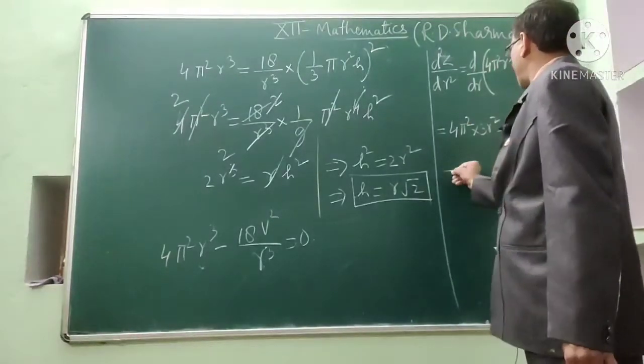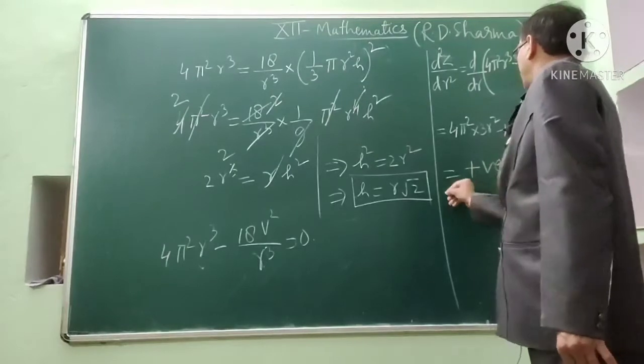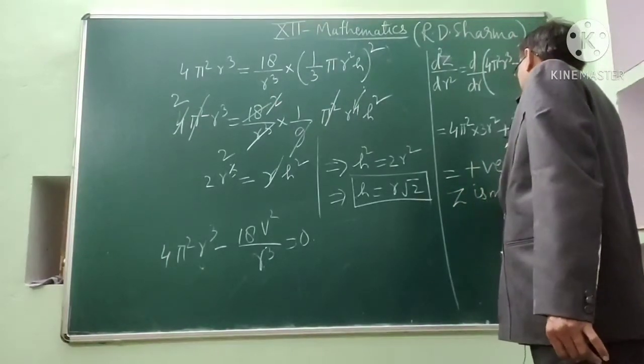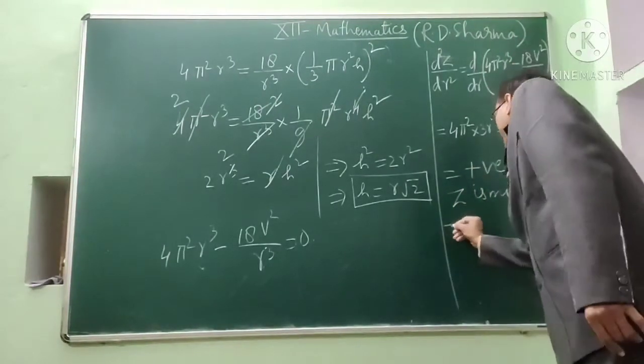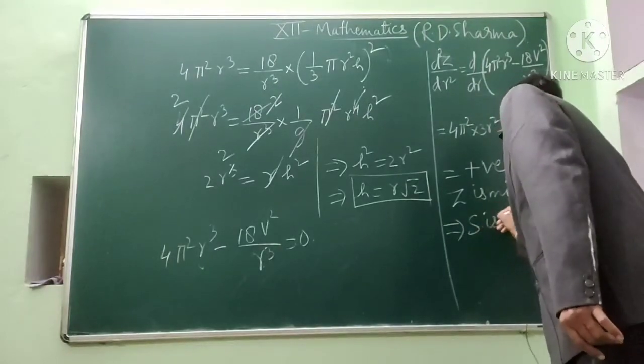Since this whole term is positive, z is minimum. Z minimum means s is minimum.